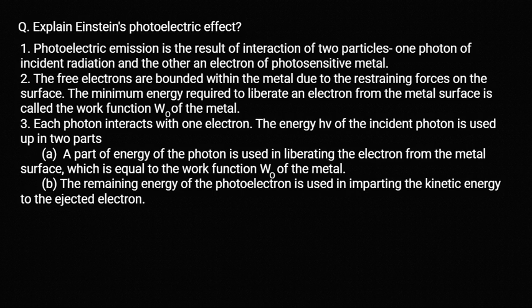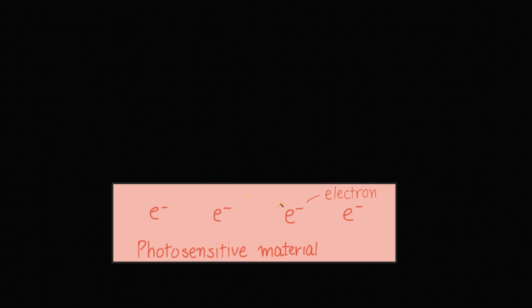Next point, the free electrons are bounded within the metal due to the restraining forces on the surface. The minimum energy required to liberate an electron from the metal surface is called the work function of the metal. Inside this photosensitive material, these electrons are bounded to the surface because of the Coulombic attraction.